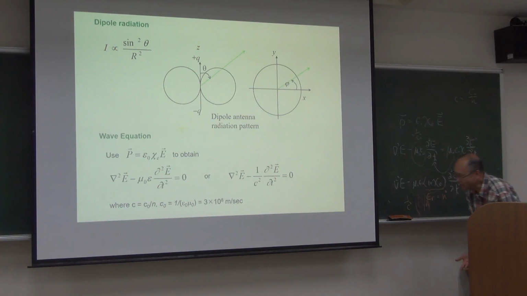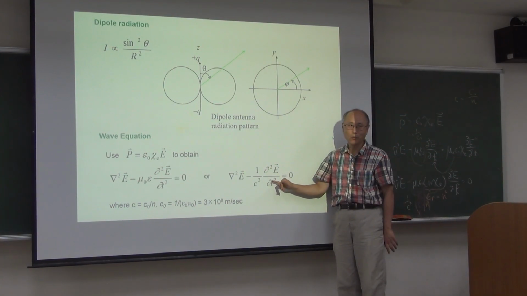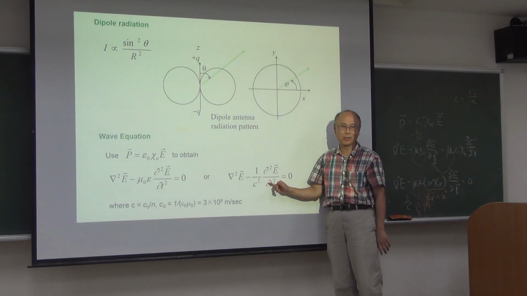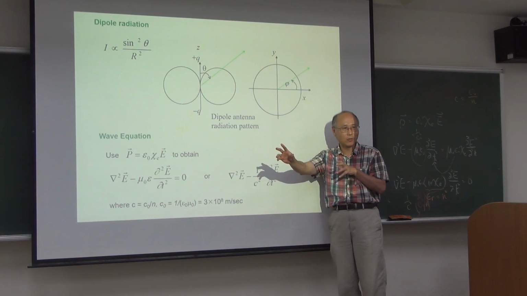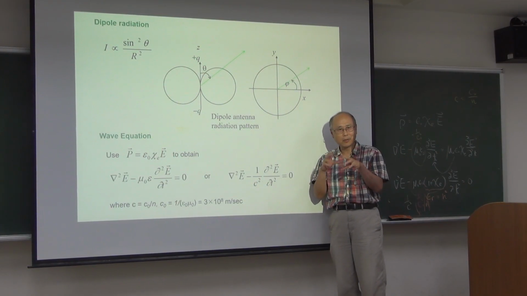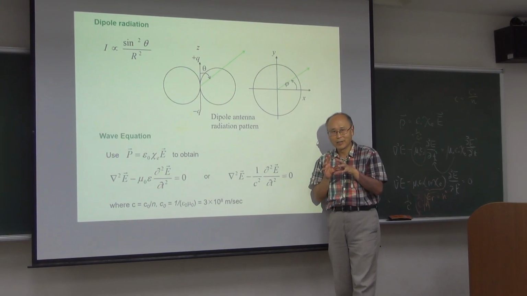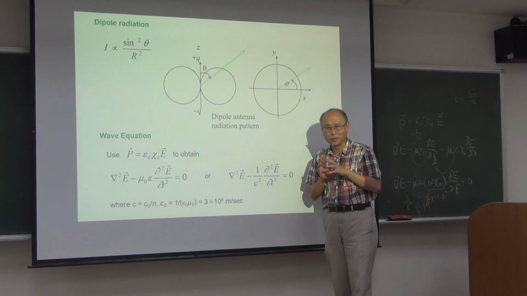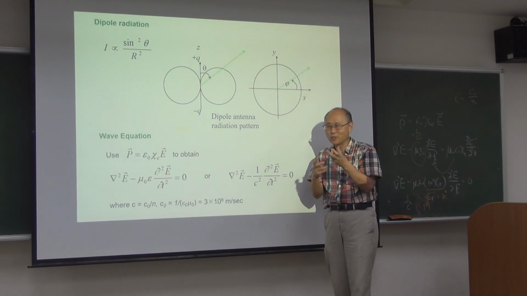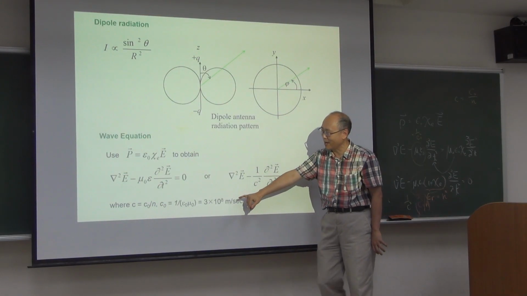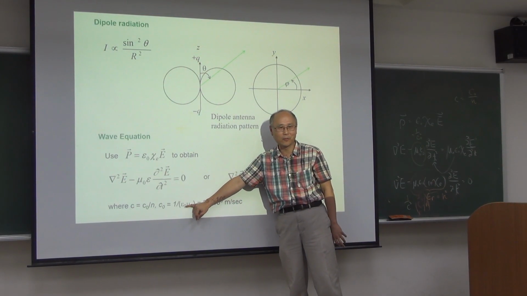So you can organize the whole thing into a wave propagating in the material. When the electromagnetic wave propagates into a medium, the dipole produces radiation, and this radiation will continue to produce a wave propagating inside the material, but the radiation process somehow slows down the propagation speed of the light.